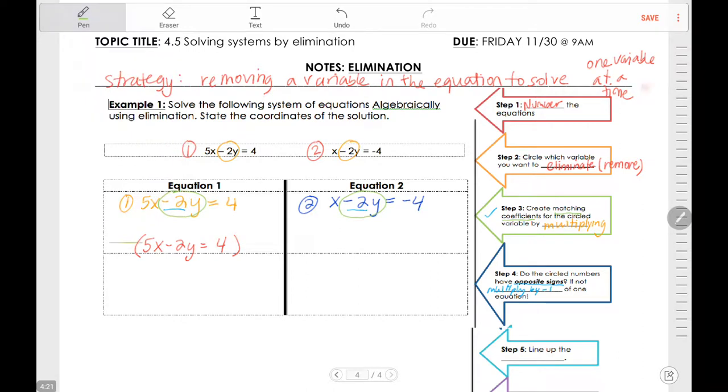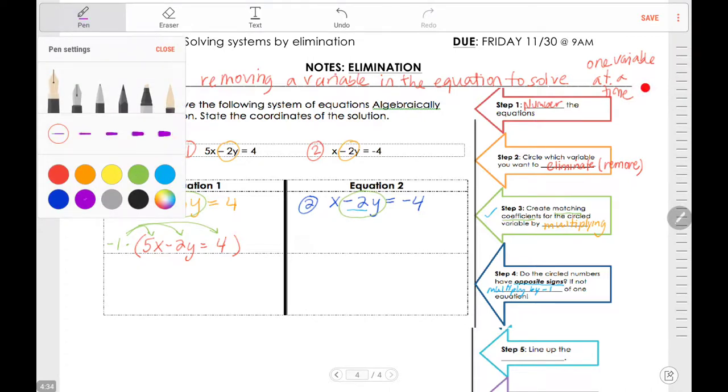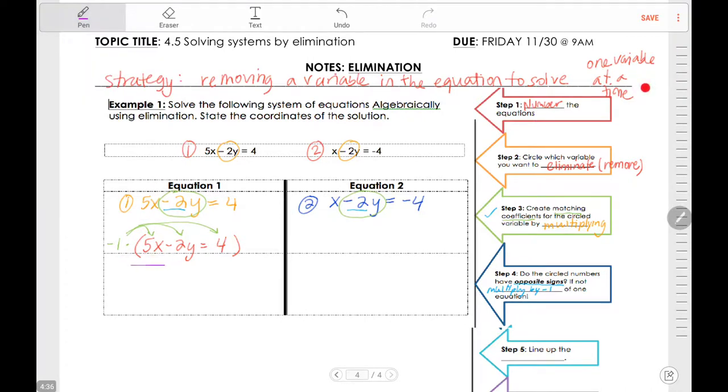And I'm going to multiply by negative 1 to every single term in my equation. Because you have to do it. If you do it to one thing, it has to happen to every single term in an equation to keep it balanced. So negative 1 times 5x is negative 5x. Negative 1 times negative 2y is positive 2y equals negative 1 times 4 is negative 4.